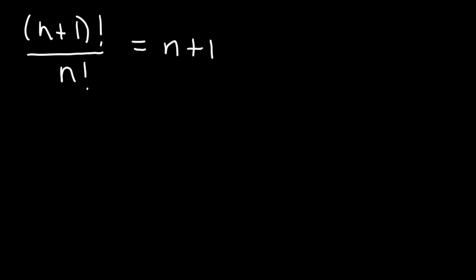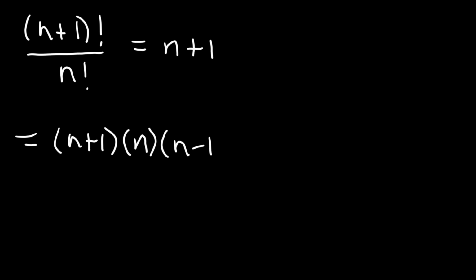Now let's see how we can prove this. n plus 1 factorial is the same as n plus 1 times, now we shall subtract 1 from n plus 1, which will give us n, times, then we shall subtract 1 from n, and this will give us n minus 1.